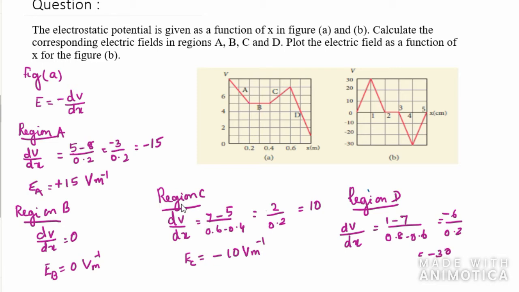So, the electric field in region D is given by minus of minus, again it will become plus 30 volt per meter. So, now we have found the electric field in regions A, B, C and D.